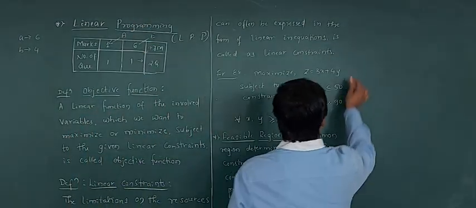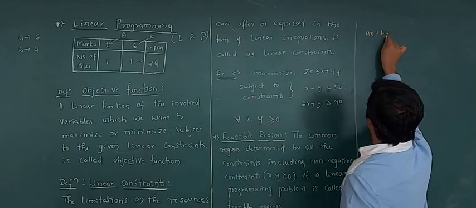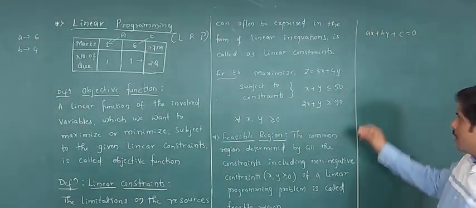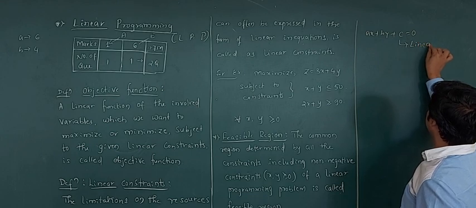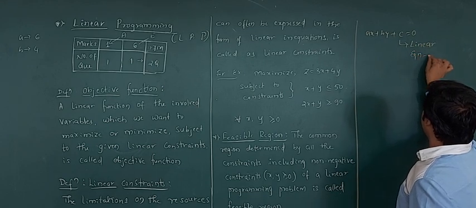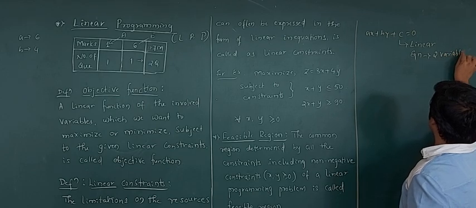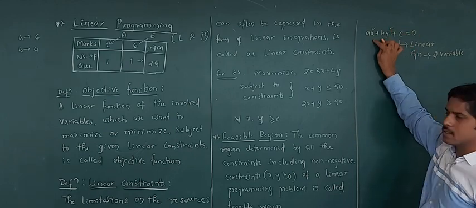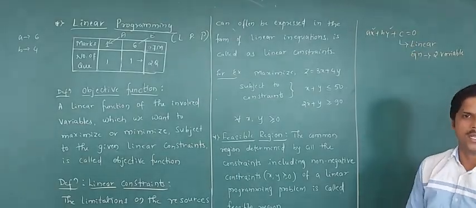We know that the equation ax plus by plus c equal to 0 is a linear equation with 2 variables. Here x and y are variables, x's power is 1 and y's power is 1, so it is a linear equation.